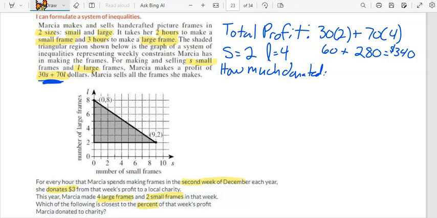So if she donates $3 for each hour, we want to find the total hours. To do that, we have 4 large frames, and it takes 3 hours for 1 large. And it takes 2 hours for each small.